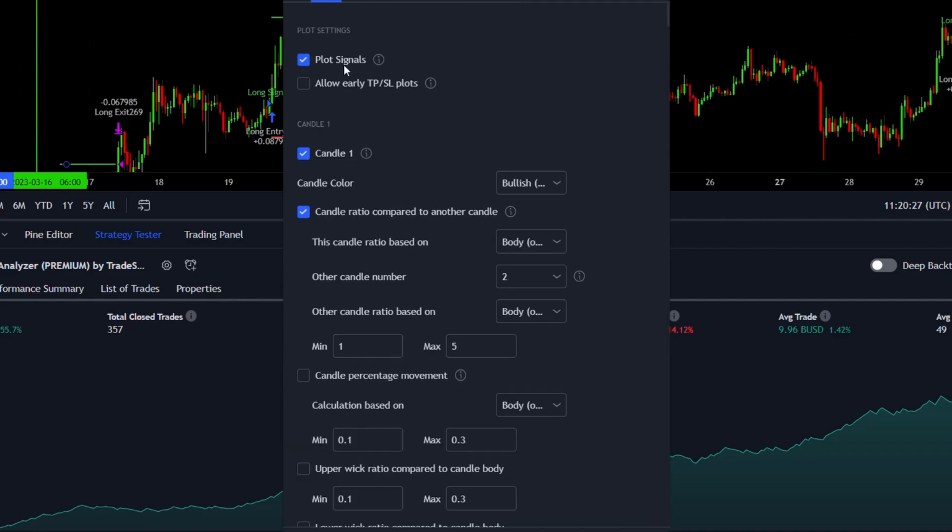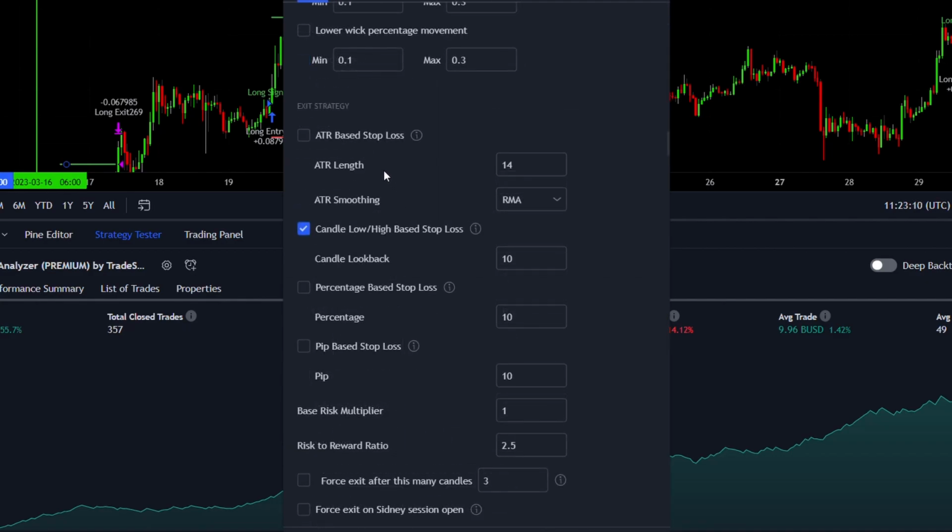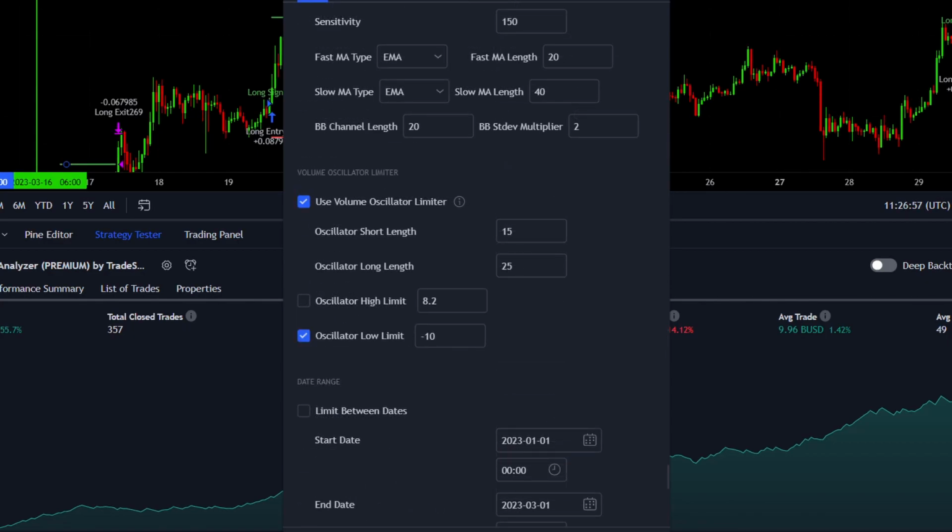Then I set up the engulfing pattern. After that, I tested ATR and candle low high base stop losses and found that placing the stop loss at the low point of the last 10 candles works fine. I also tested different take profit levels and decided to go with the 2.5 risk to reward ratio level. Finally, using my go-to filters, I discovered a great setup using the momentum and the volume oscillator filters.